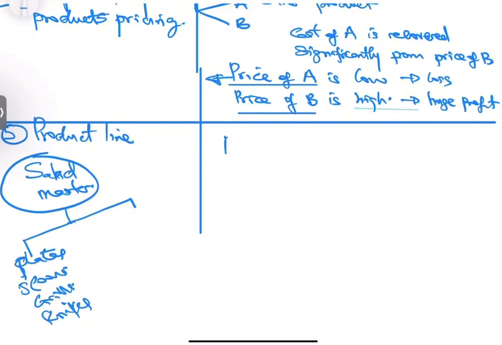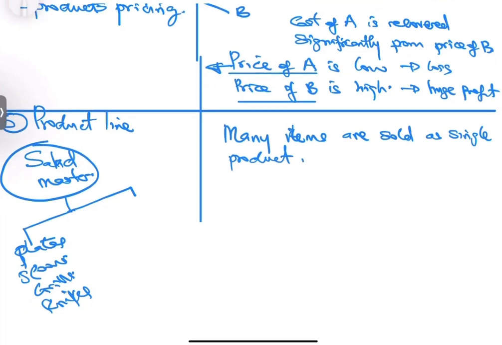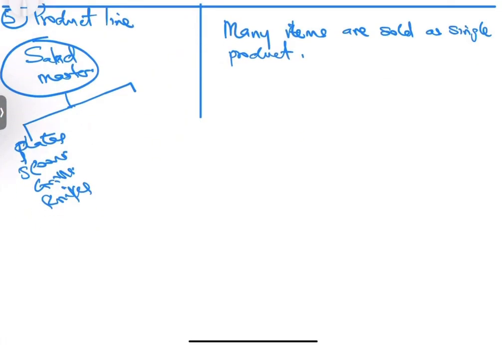So here, many items are sold as a single product. And with that, you're able to achieve average profitability.